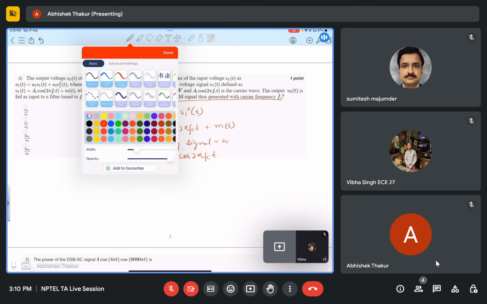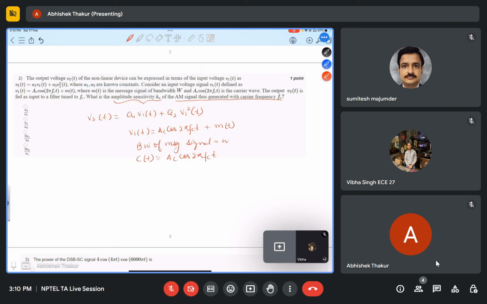So for this question, now we will write the equation of v2(t). v2(t) is equal to a1 v1(t) plus a2 v1 squared(t). Now we'll substitute the value of v1.